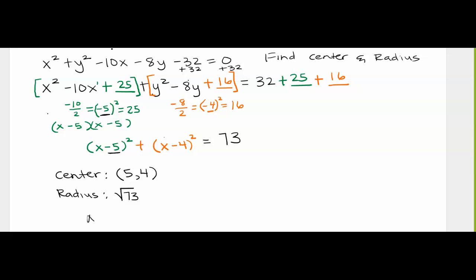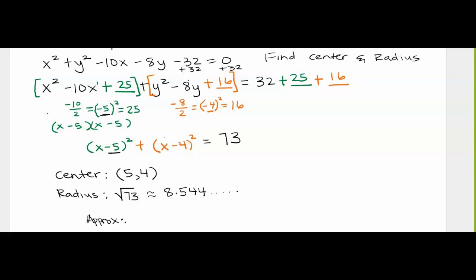But if it wanted you to give an approximation, you just put it in your calculator, and then usually they'll tell you how many place values. So if we're rounding to the nearest tenth, this is approximately 8.544, and so on.